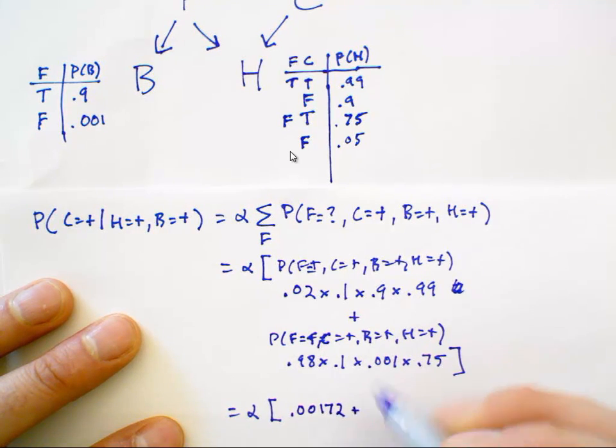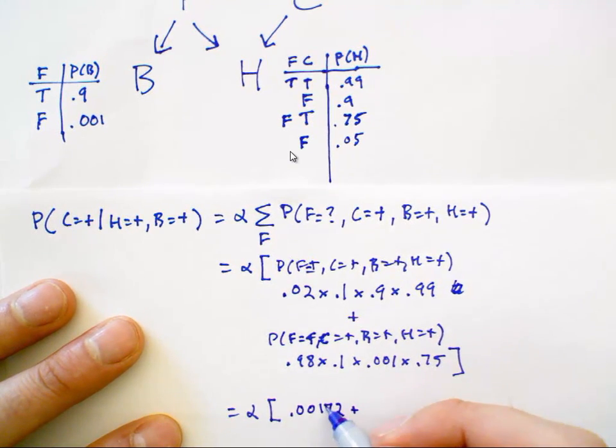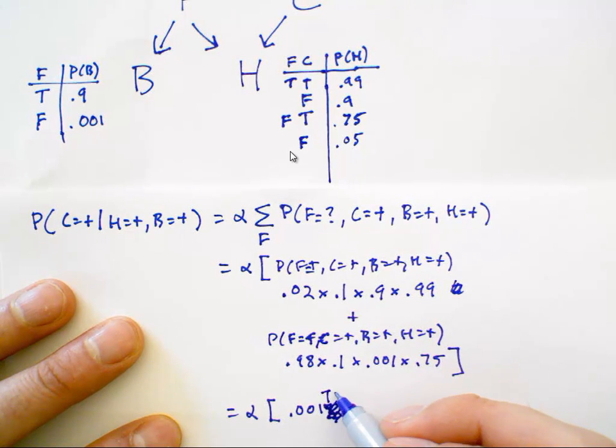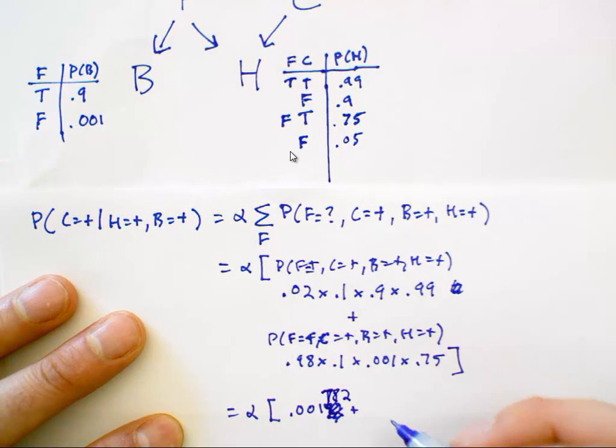And what is 0.98 times... Sorry, what did you get, Matt, for the first one? 0.001782. Great. I'm glad we're not in an exam situation.